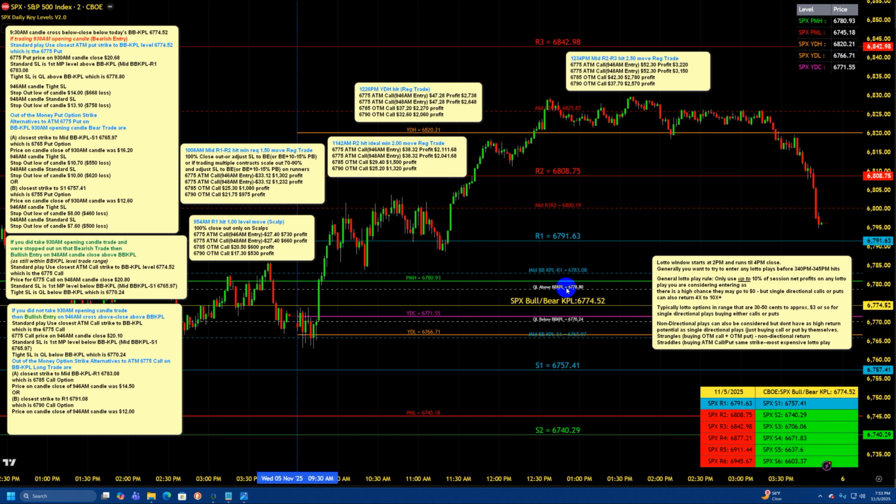The QL levels are your tight stop losses above and below each level. Right now we only have the tight stop losses turned on above and below the bull bear key price level. However, in the user control panel, you can turn on the QL levels above and below any of the main levels.